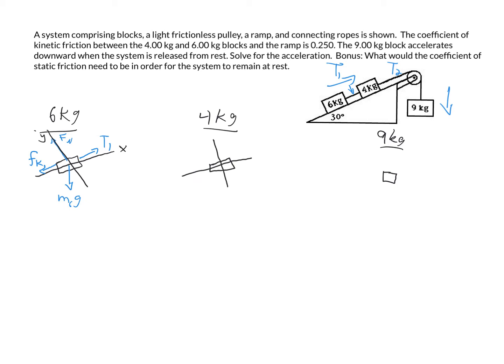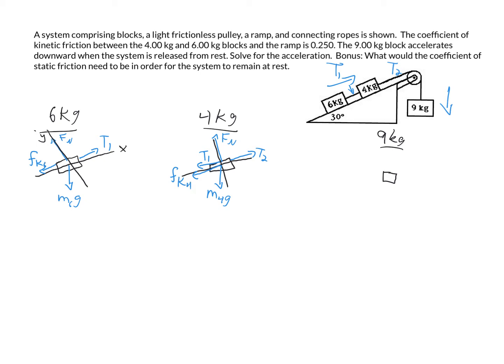And so now if we look at the 4 kilogram block, it's going to look similar in many ways. It has the weight going straight down. It has tension 2 pulling it up. It has the normal force perpendicular to the ramp. It has T1, which is pulling backwards on it, and also going backwards in the negative x direction is the force of kinetic friction for the 4 kilogram block.